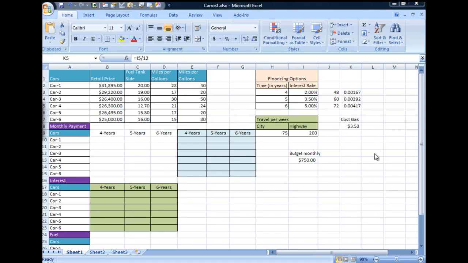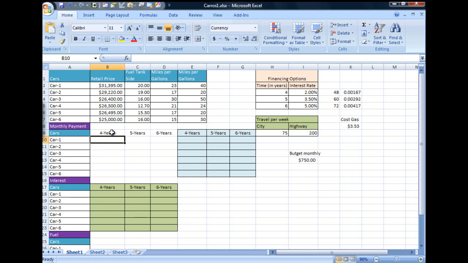When you download the Excel spreadsheet, this is the information that we have, and of course you need to complete the rest. Let's start with the monthly payment. Click here and put the formula for the monthly payment.